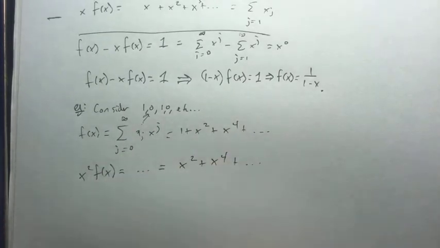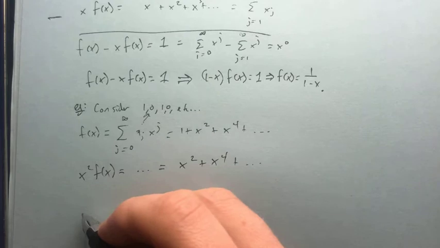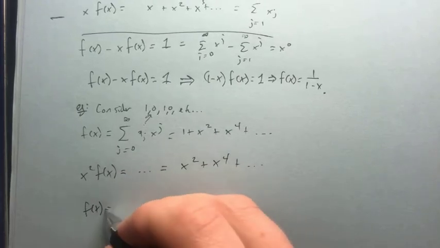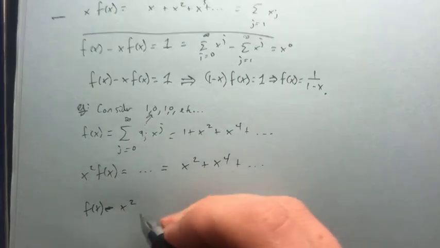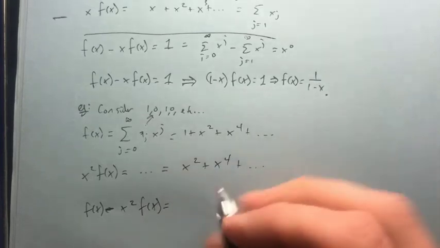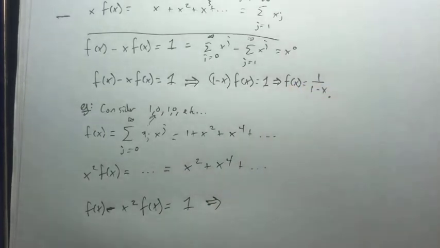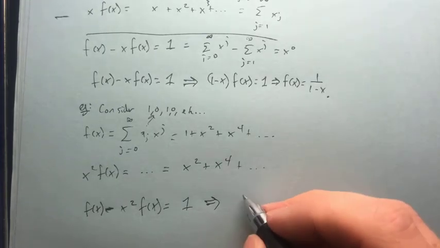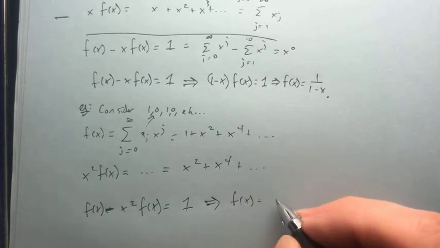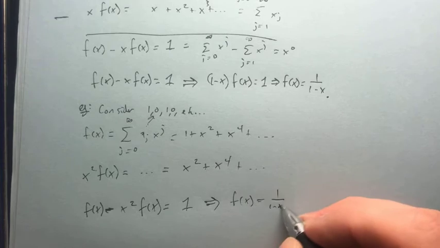And now I can do the same trick that I did before and write f of x minus x squared f of x, and I'll get 1, which gives me, by a similar manipulation, that f of x is 1 over 1 minus x squared.